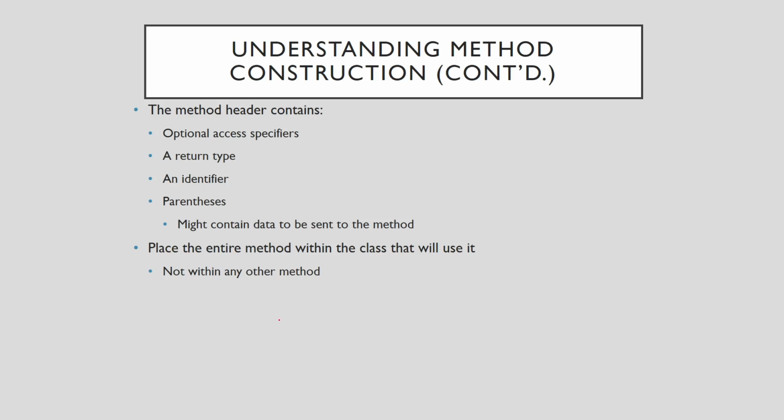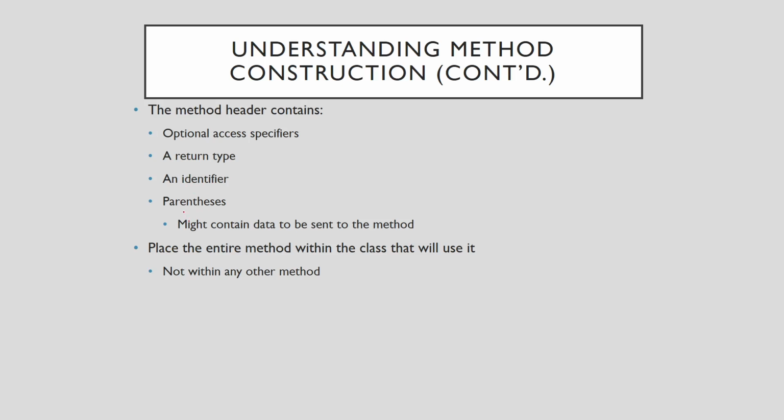Now, understanding the construction of the method. The method header contains the access specifier, public or private. Now we have to focus on the public access specifier. Then the return type, where you can return a primitive value like integer, character, string, or double, and an identifier, which is the name of the method, and a pair of parentheses.